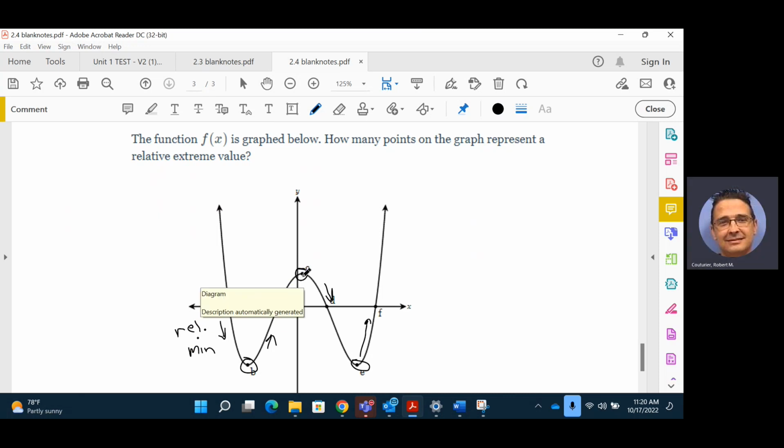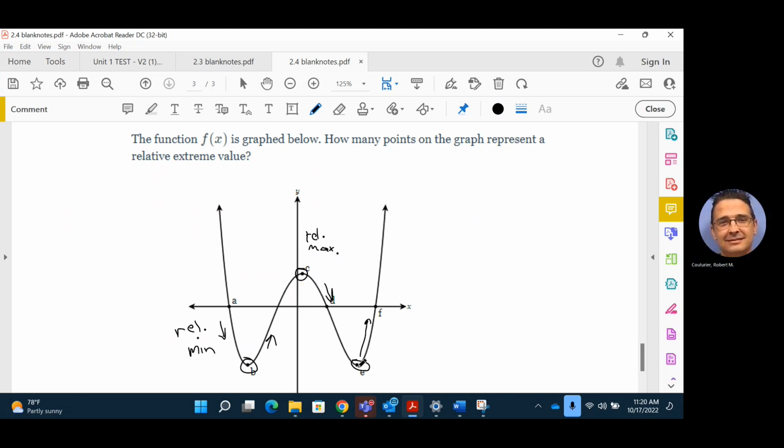Can you go any higher than C? No, it changes direction. This we call a relative maximum. I think this is a concept that most students get pretty easily because it's kind of common sense. It's a minimum. You can't go any lower than that. So it's a relative minimum. Relative maximum. There we go.